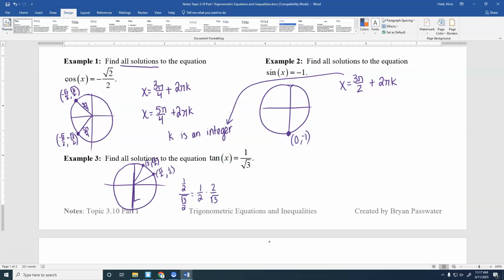I'm going to flip the second and multiply. 2's cancel. I get 1 over root 3. That was for this point right here, which is at pi over 6. And the period for tangent is only pi. It's not 2 pi. So I'm going to do plus pi times k. And again, k is still an integer.